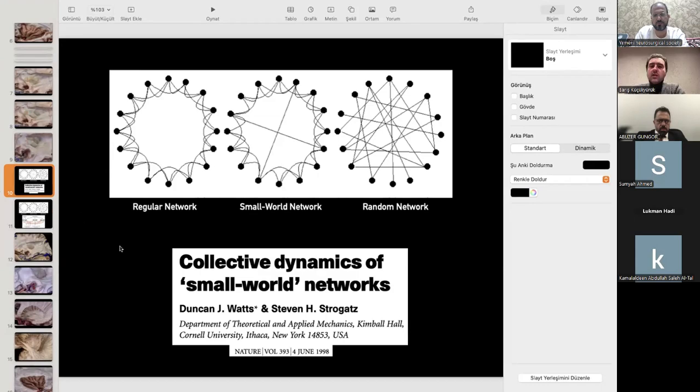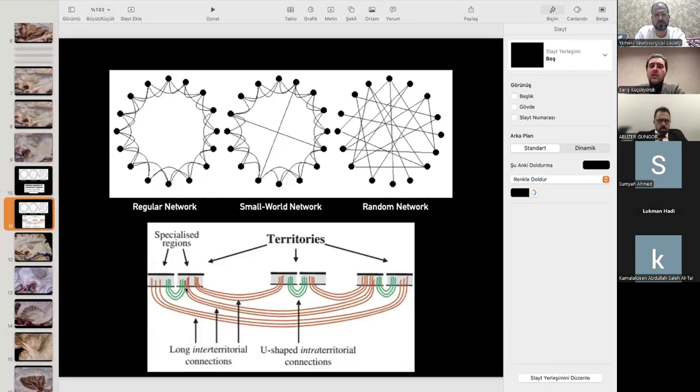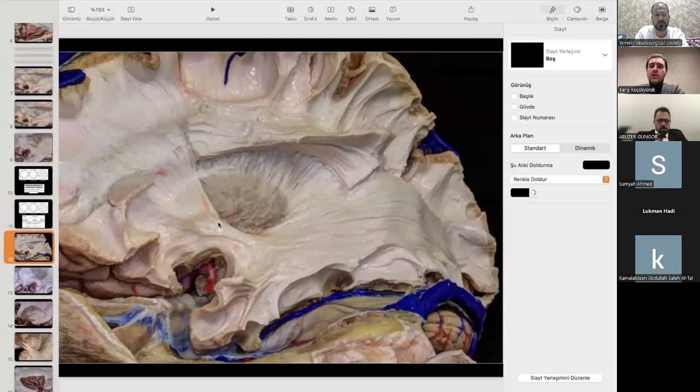Let's see this one. As I say, these are specialized regions. They are connected with U fibers, but they're also connected with longer fibers. So this uncinate fasciculus and inferior occipitofrontal fasciculus are association fibers, just like the U fibers of the cortex connecting adjacent gyri.